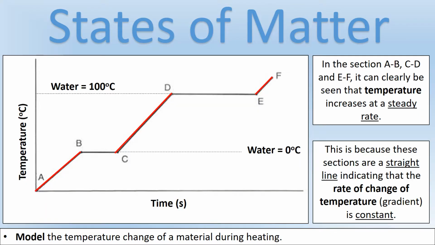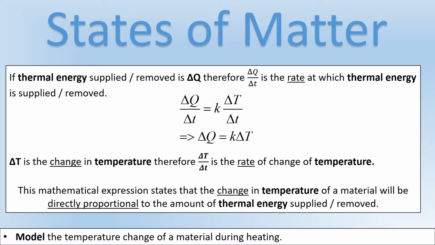So if we go back to the graph, we can see that in those three sections there, it's a straight line graph, which means the rate of change of temperature is indeed constant if we supply energy at a steady rate. So we can see the graph matches up well with what that theory says. So let's have a look at this mathematically so we can actually model it and calculate some different things.